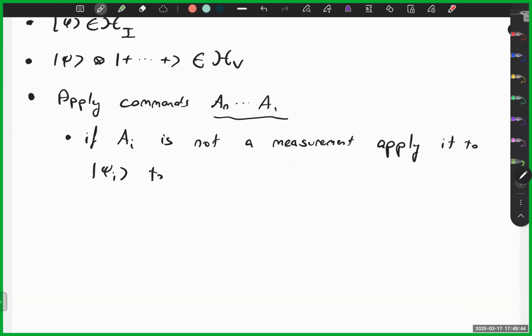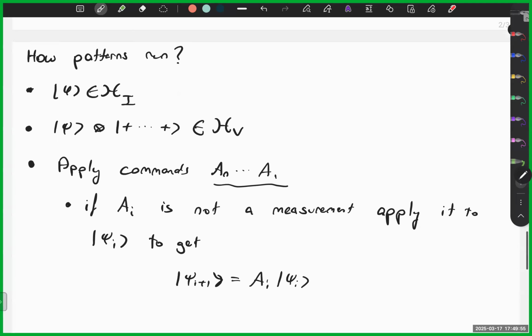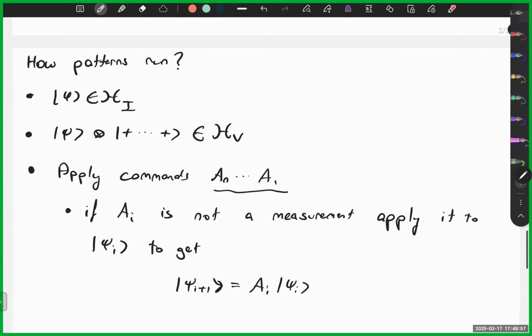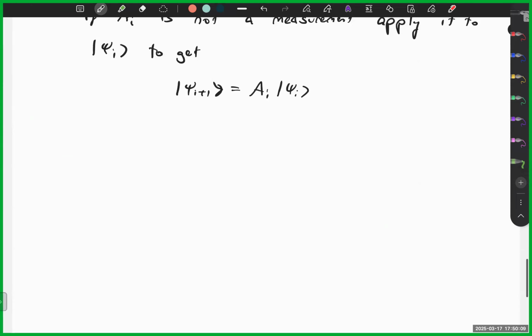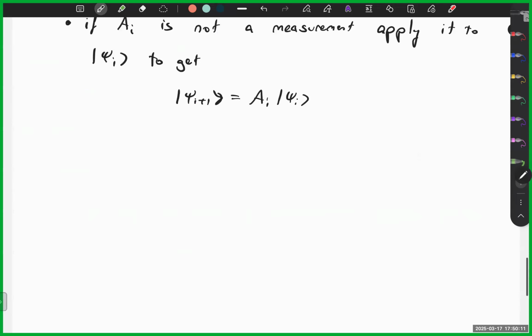You can think of them as the steps to get psi i plus 1 equals Ai psi i. So this can be thought of as psi 0, then we are applying the non-measurement commands as unitaries to get the new ones. It is a bit more complicated, not too much.